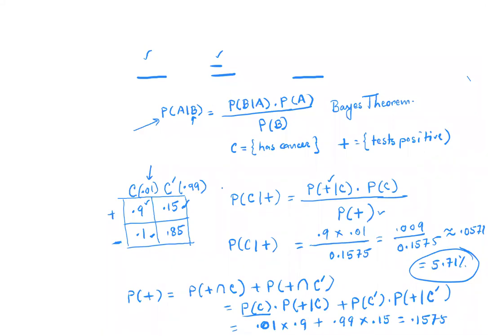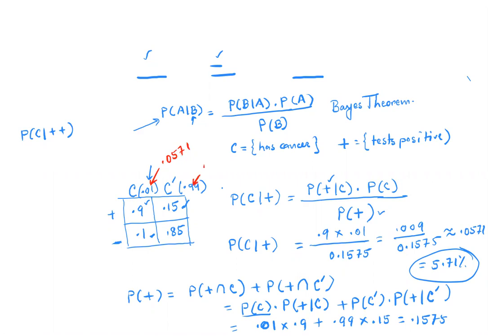Now, in the second question, I ask you, what is the probability of having cancer given that you test positive twice? The only thing you will do here is replace this 0.01 by 0.0571. And then this number is going to change too.